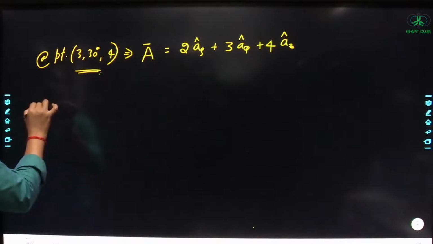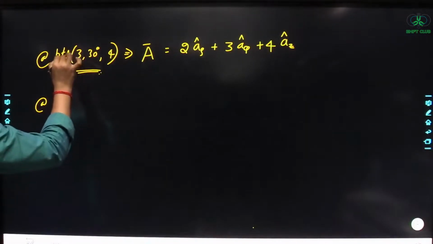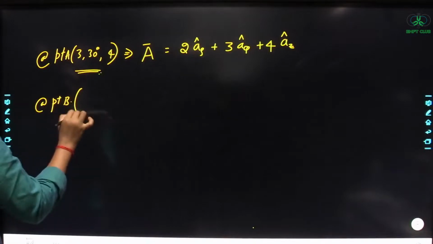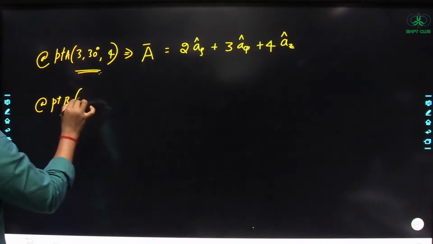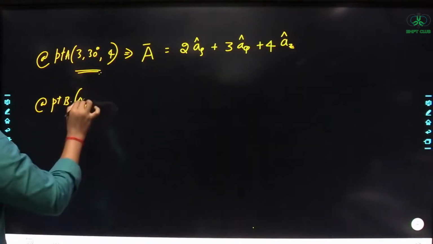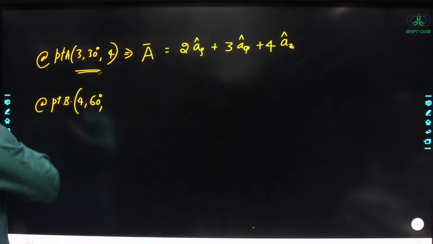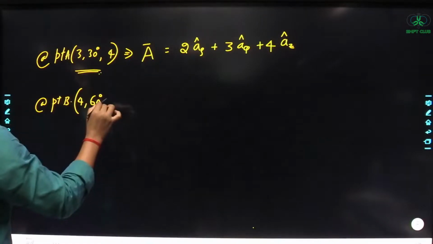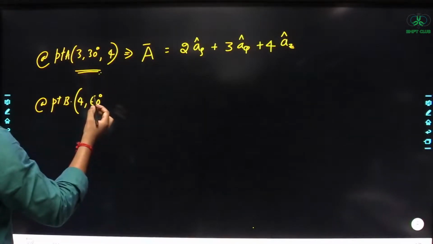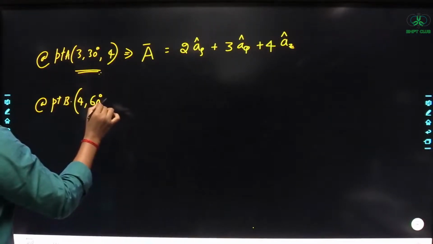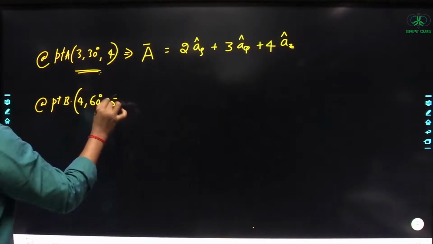Next, let us say this point is a. Next, at point b, let us say this is 4 comma 60 degrees comma 5 or something.